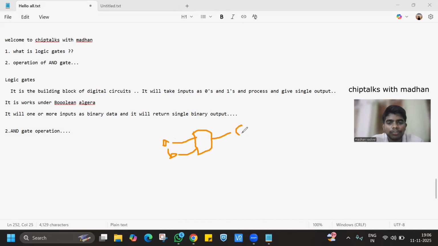We are giving two inputs, A and B, and the output is C. And we can draw the truth table.